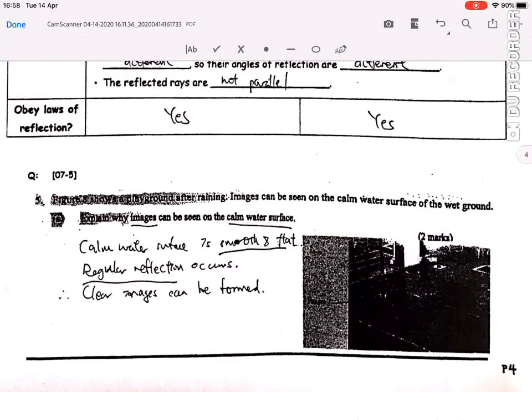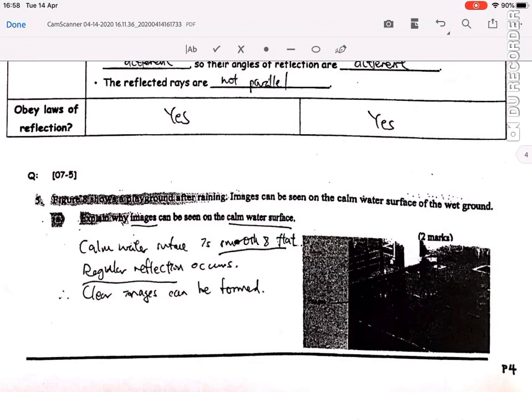And now let me finish off with the last example of this lesson. The words are a little bit hard to read. It says, figure 8 shows a playground after raining. You can barely see it, but the diagram is a playground with the reflection on it.